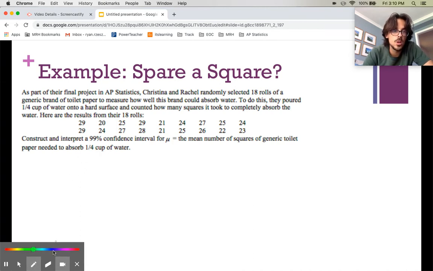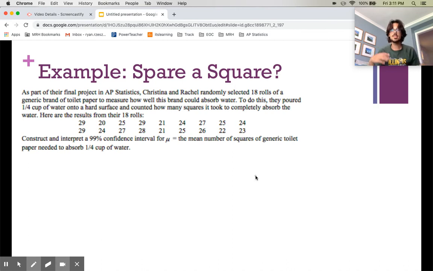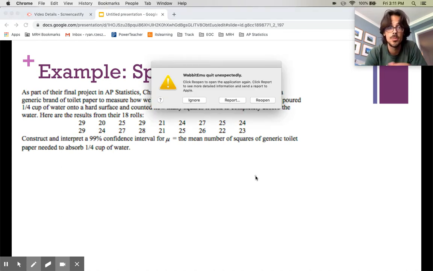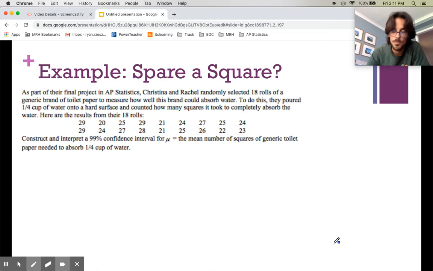We want to construct and interpret an interval for mu, which is the true mean number of squares it takes to absorb the water. So based on our data, those 18 points right there, what we want to do is figure out on average how many squares does it take to absorb the 1/4 cup of water. So first thing you do is write down your state step. So we're defining our variable.